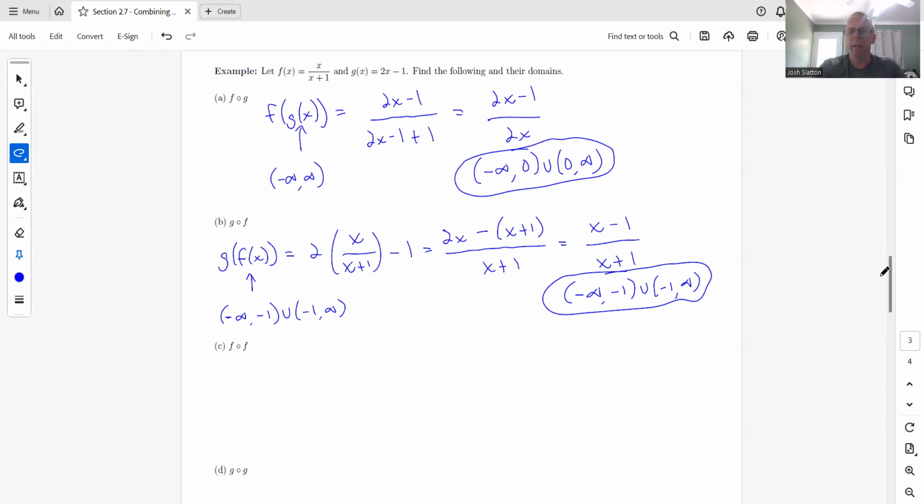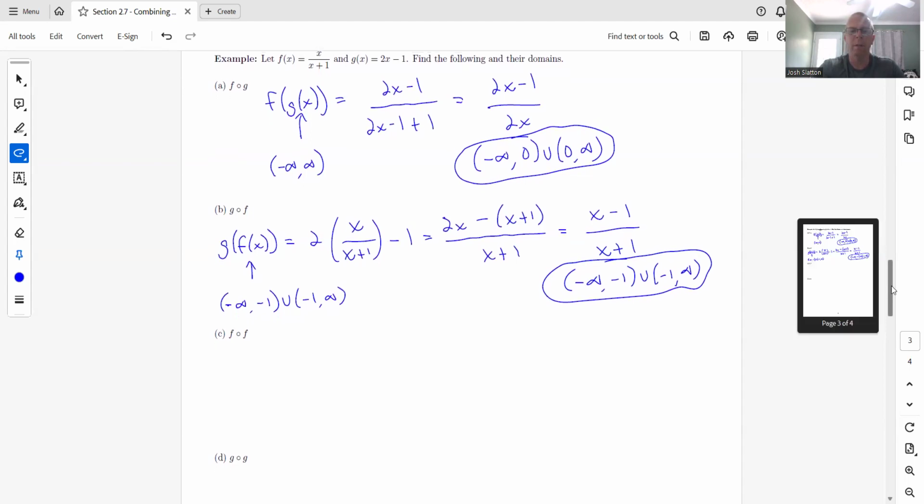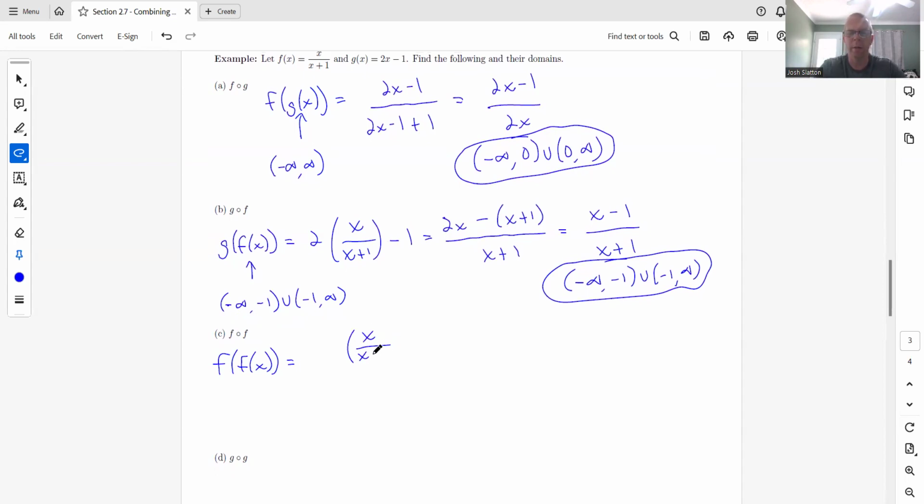All right, next we have f composed with itself. So f of f of x. And so now for each of these x's, we're going to plug in x over x plus 1. So in our numerator, we have x over x plus 1. In our denominator, we have x over x plus 1 plus 1. So there, x over x plus 1 is the original function.